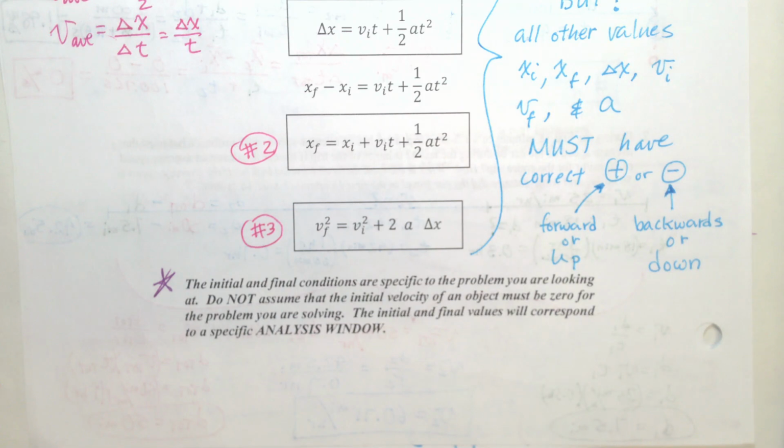It takes a lot of practice to get that done correctly, and we're going to practice more on this. So wherever you're looking at, that little analysis window, you could choose where that window will be, and your initial position and final position, or your initial time and final time, can be at your convenience.